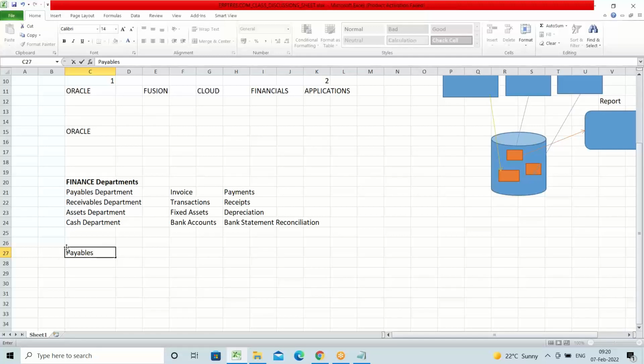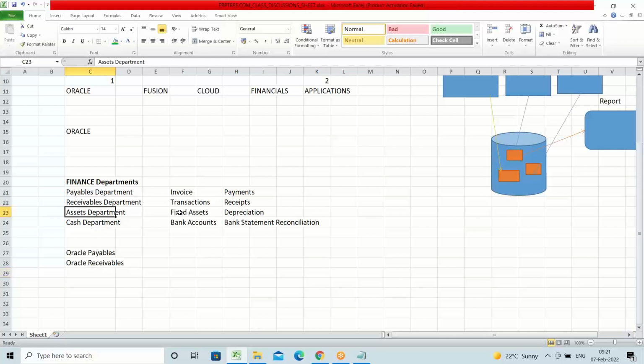This payables application is developed by which company? Who developed Oracle? So you can put the name as Oracle Payables. What is the full name, etc., we'll discuss. For that we have a separate session, but now you can take this. For the receivables department, to record the transactions and to create the receipts, Oracle is providing an application called Oracle Receivables.